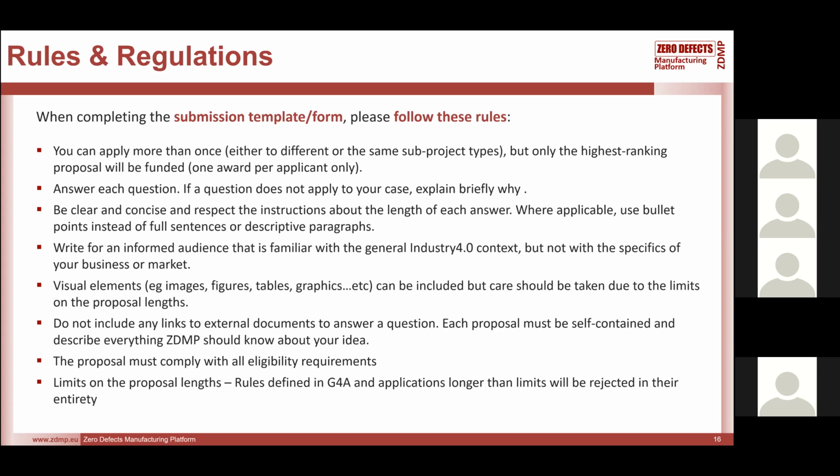We need to understand your project, and we need to understand what you're proposing. So a combination of text and bullet points, but we don't expect huge long pages and pages of answers. And in fact, that's actually not allowed. In terms of how you pitch your application, write for an informed audience, i.e. us and the external evaluators who will be looking at it.